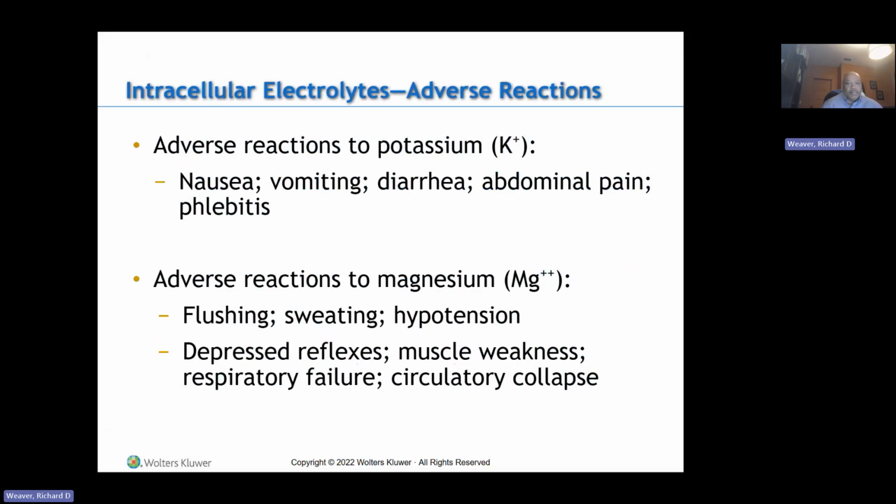Now, potassium, of course, is contraindicated in patients at risk for hyperkalemia. You'll see where I put an up arrow meaning increase, and K plus meaning increased potassium or hyperkalemia. I do that to create less verbiage or words as you visualize this.